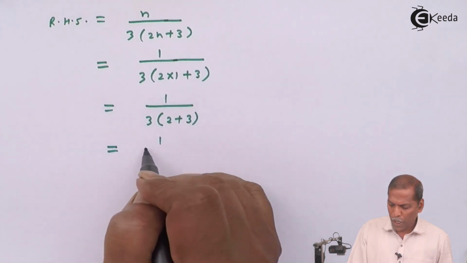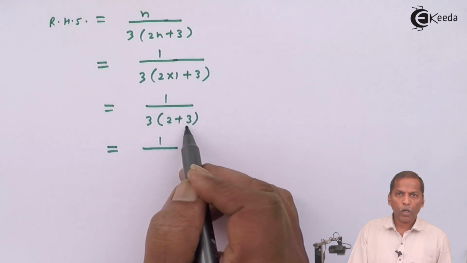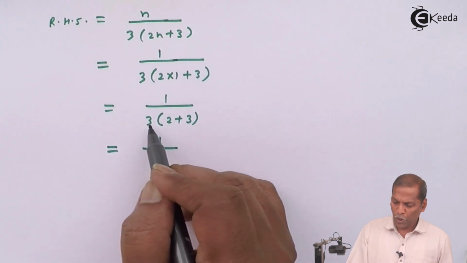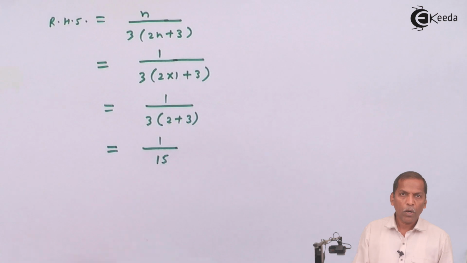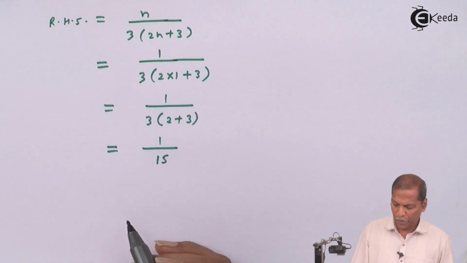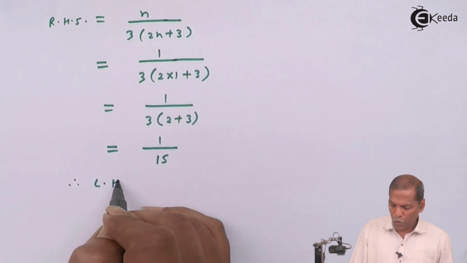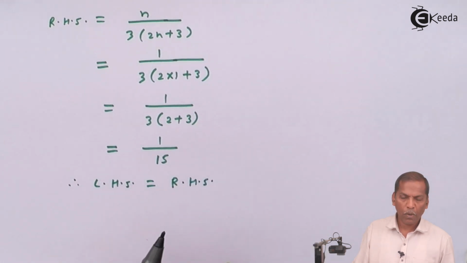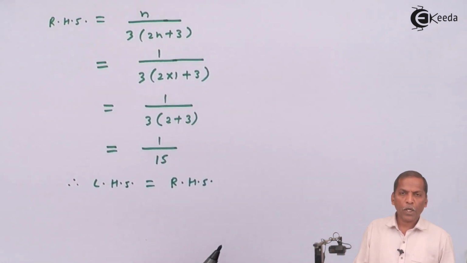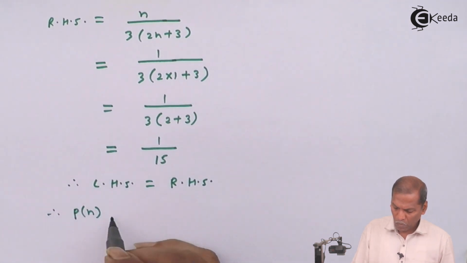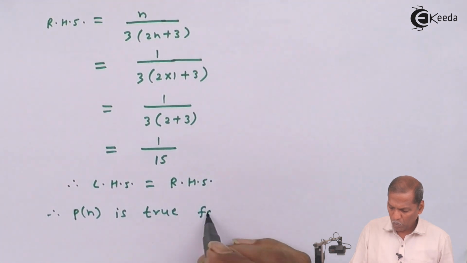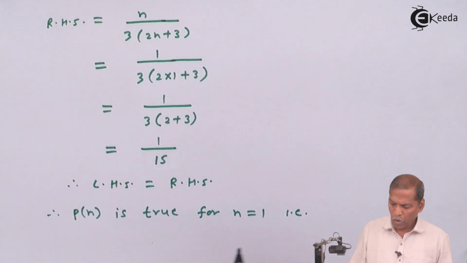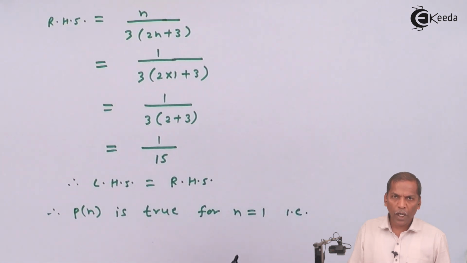So it is equal to 1 upon, now 2 plus 3 gives 5 and 5 into 3 gives 15. So in this way we get RHS is equal to 1 upon 15. Therefore LHS is equal to RHS. It means P of n is true for n equal to 1, that is, P of 1 is true.